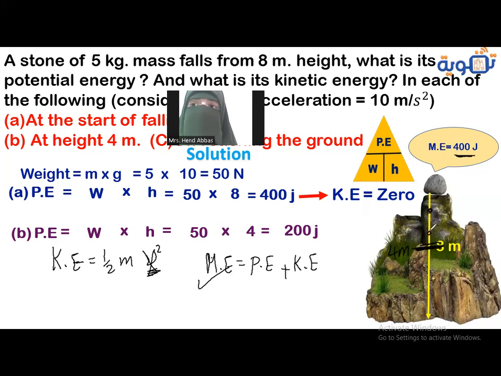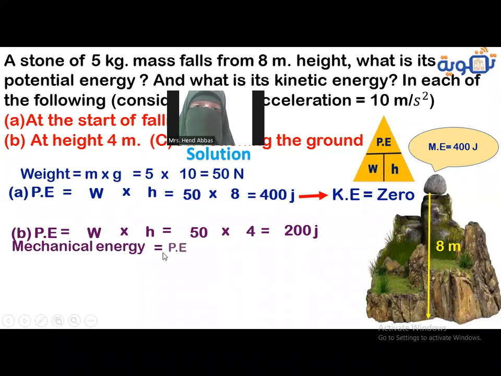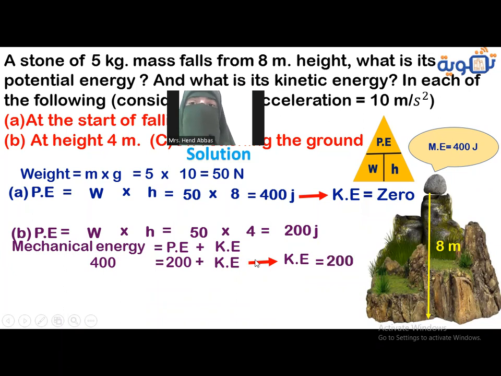Here 400 joules, here 400 joules, at any point. Also, on reaching the ground, the mechanical energy is 400 joules. So to calculate the kinetic energy, you use the other rule: the mechanical energy equals potential plus kinetic. So here the kinetic energy is 200 joules.